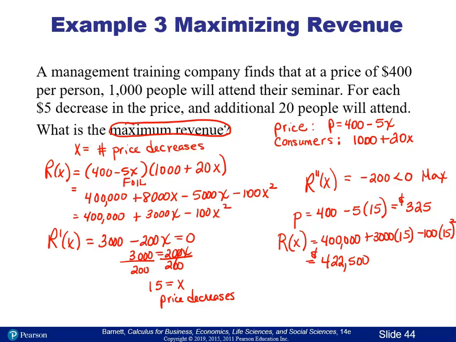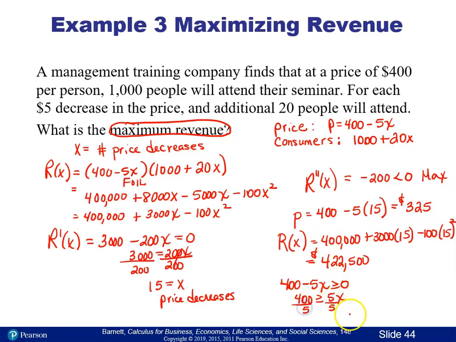One thing we do need to keep in mind is that both the price and the number of consumers need to be positive. So we would have 400 minus 5x greater than or equal to 0. That means that 400 is greater than or equal to 5x.